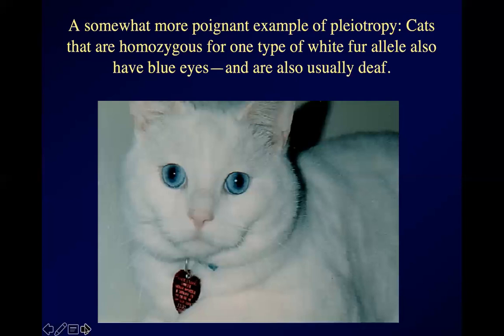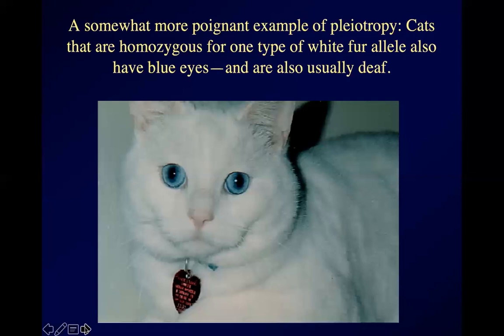It affects not just the fur color, it affects development of key parts of the middle ear. Cats with blue eyes and white fur often are born deaf, which is just one of those things.